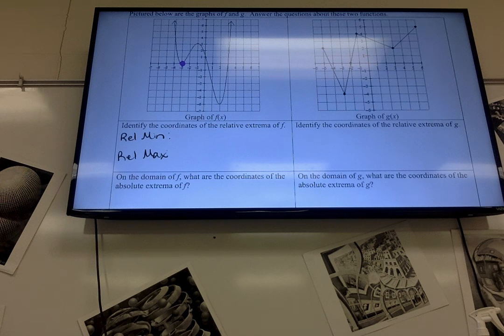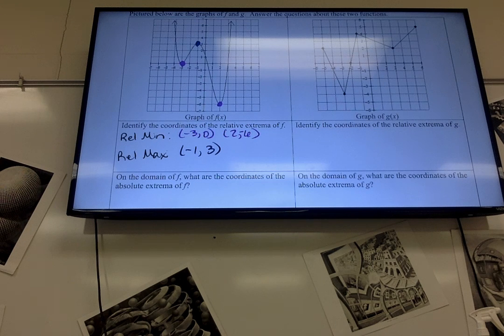Yep. And (2, -6). Yep. Those are definitely both relative mins. They're at the bottom of the hill. And then let's do some maxes. (-1, 3) is a max. And they're both relative mins and maxes.